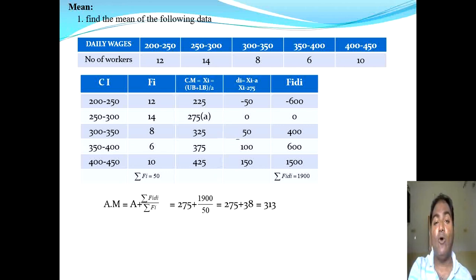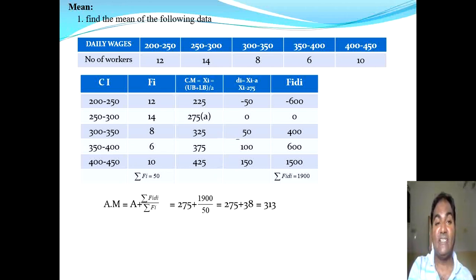Now, directly taking all the values, we have A, the assumed mean, 275, summation fi di is 1900, summation fi is 50, the sum of all the observations. When we simplify, we get the answer as 313. So the average daily wage of the workers is 313 rupees. This way we can find the mean of a grouped data.